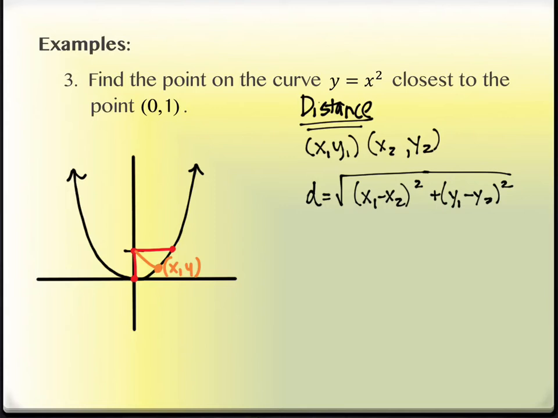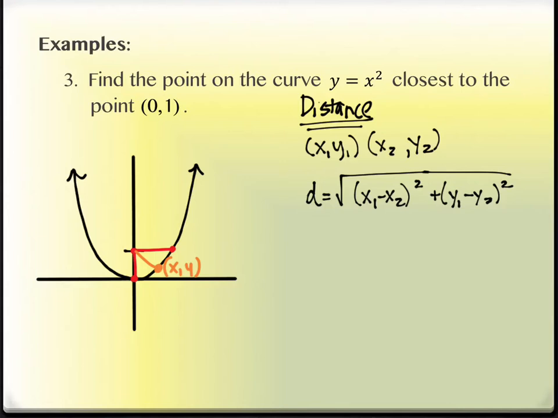We're looking at the difference in the x values squared, the difference in the y values squared. We add them together and we take a square root. It doesn't matter the order because when we square things, the order becomes irrelevant. 5 minus 3 is the same as 3 minus 5 if I square both those values, right? So it doesn't really matter if I write x1 minus x2 or x2 minus x1.